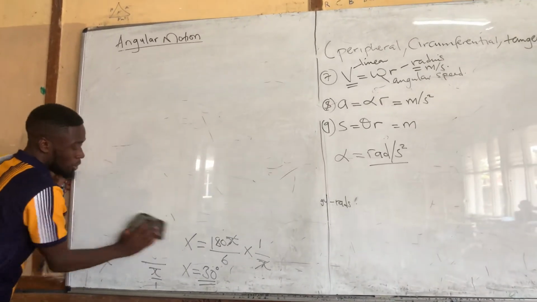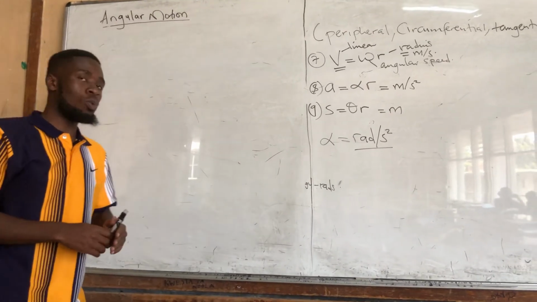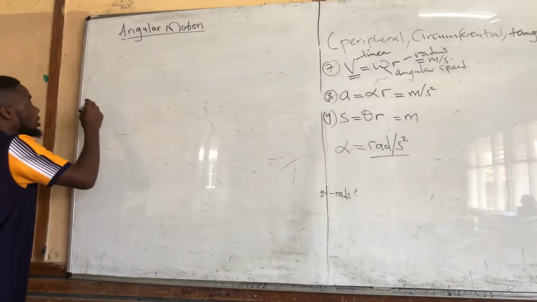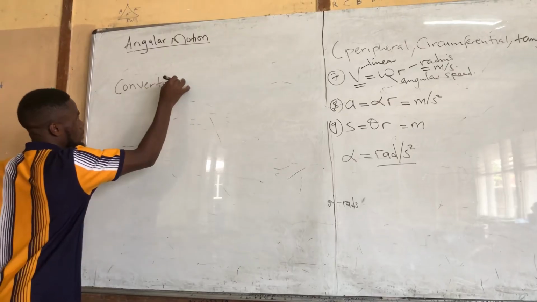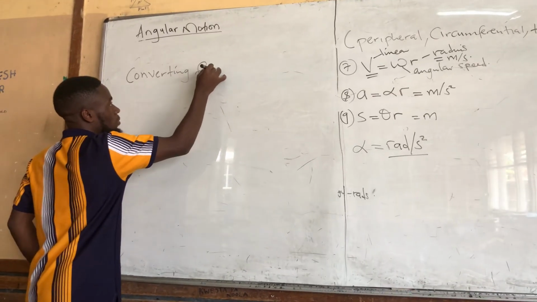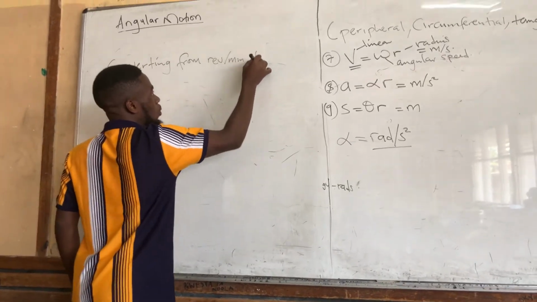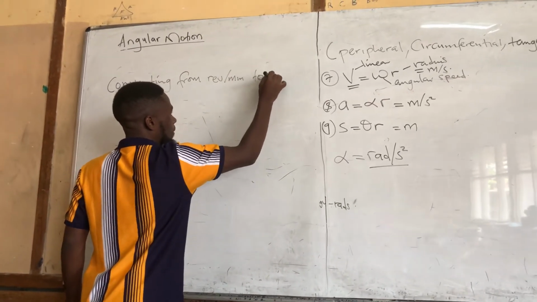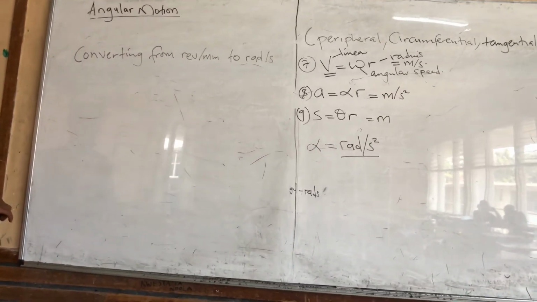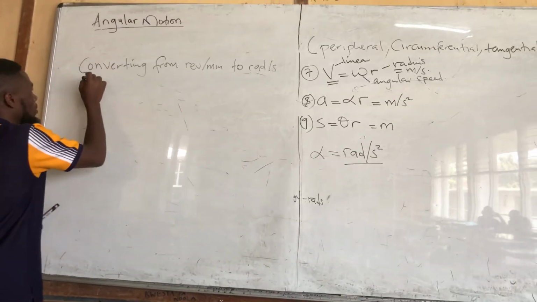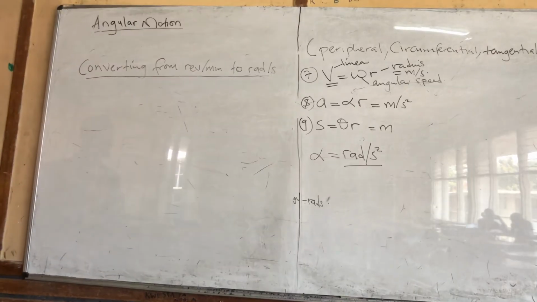How do you convert from revolutions per minute to rad per second? Converting from revolutions per minute to rad per second.